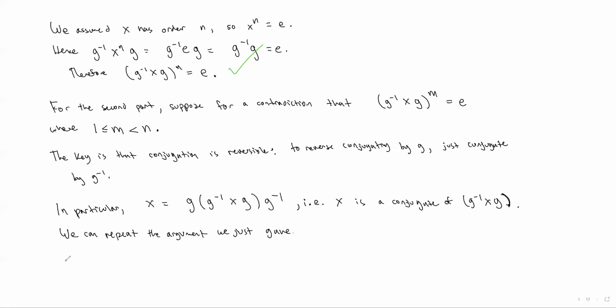So X to the M is just G inverse XG, G inverse XG, repeated M times, and then everything cancels.